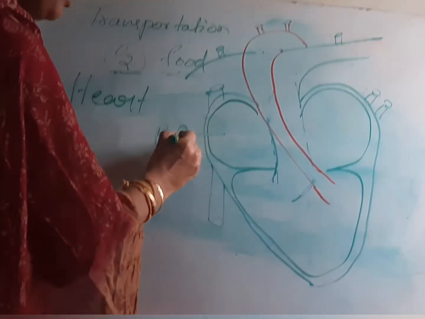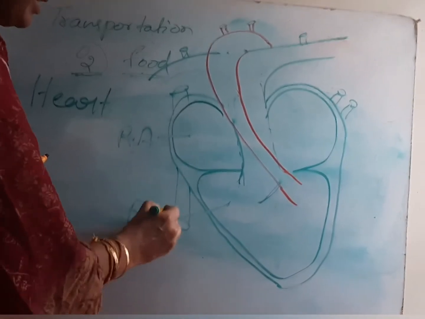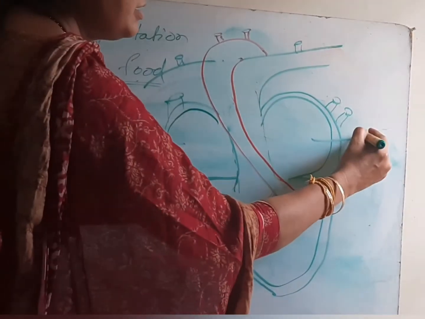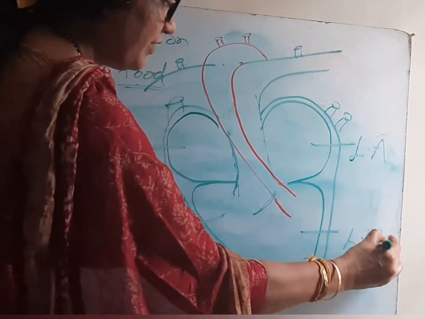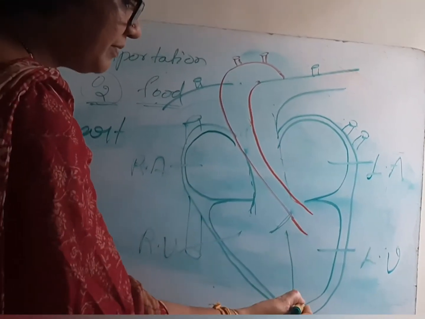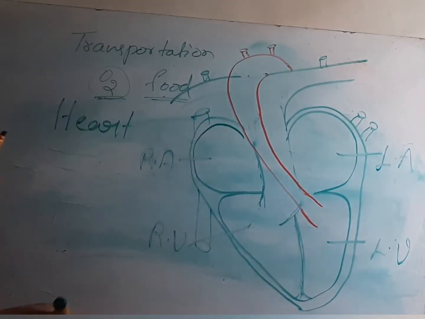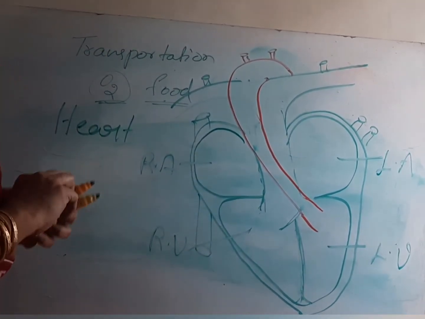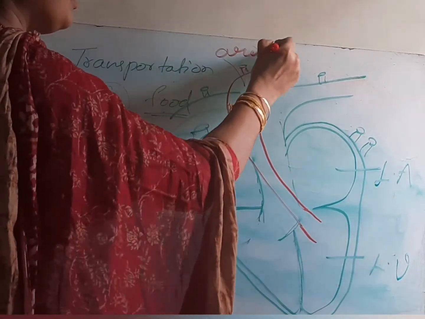Right auricle, this is right ventricle, this is left auricle, left ventricle, and here septum. This is the septum, and this is aorta.